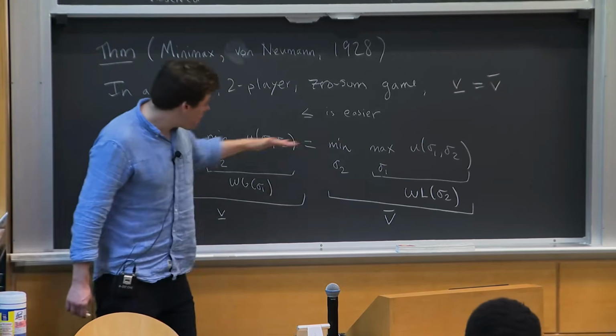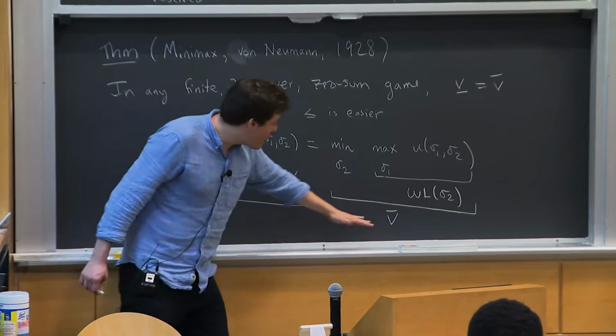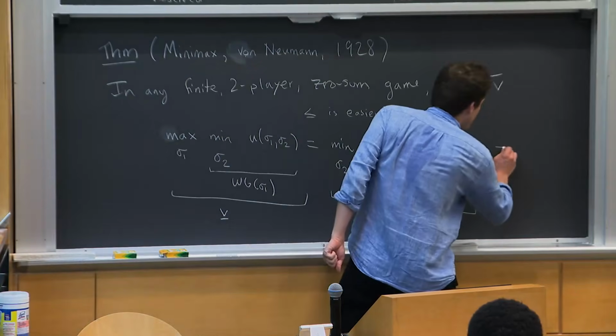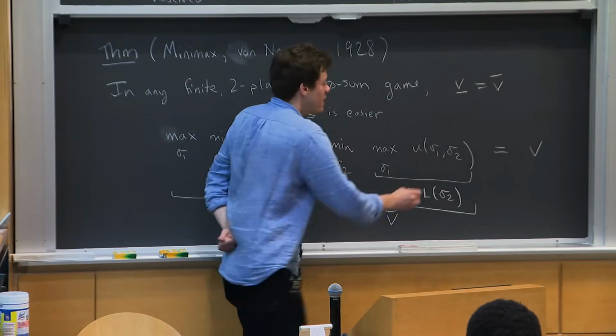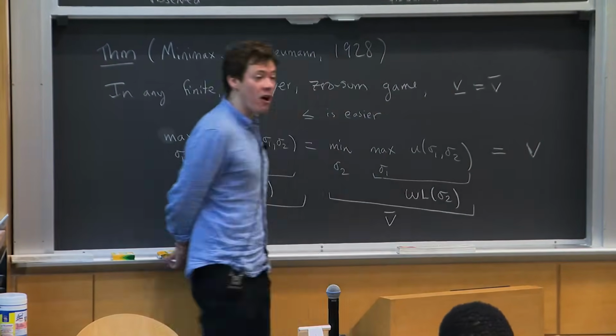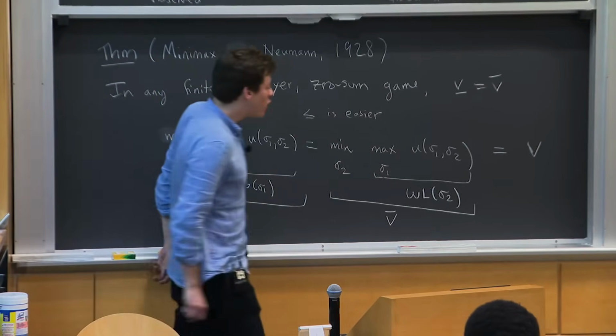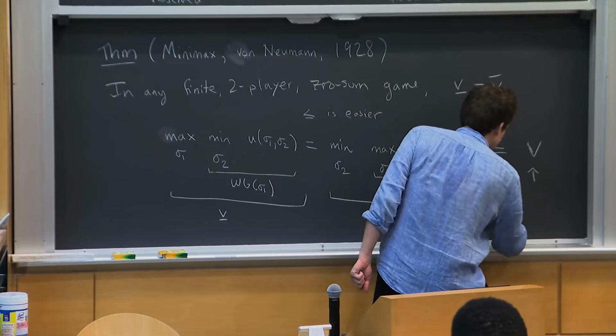Now, this common number here that's equal to V lower bar and V upper bar, we give it a name, and we'll call this V, right? It's a good name for something that's equal to both V lower bar and V upper bar. And this is called the value of the game.